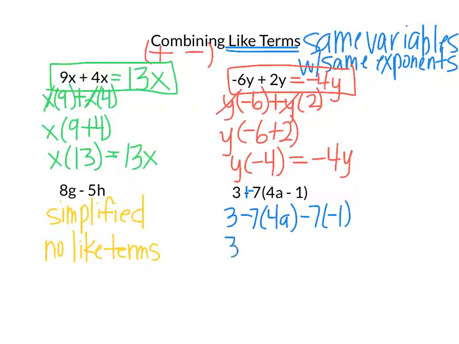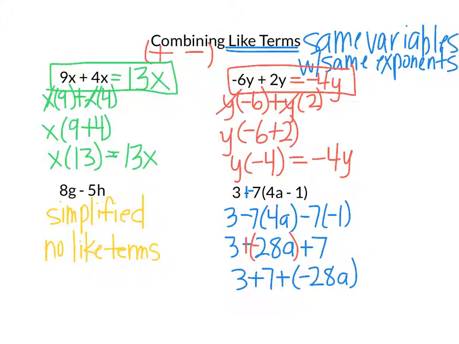So 3 minus 28a plus 7, negative 7 times a negative 1. And now we need to use a commutative property. So again, I can turn that into plus a negative 28a, and then commute it, meaning switch it around so that I have 3 plus 7 plus negative 28a.